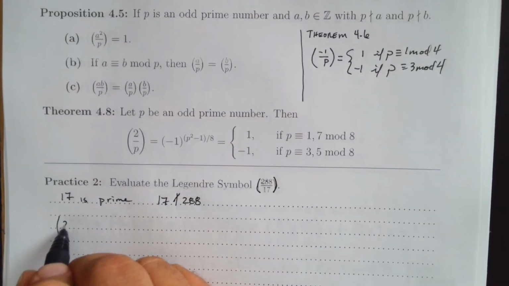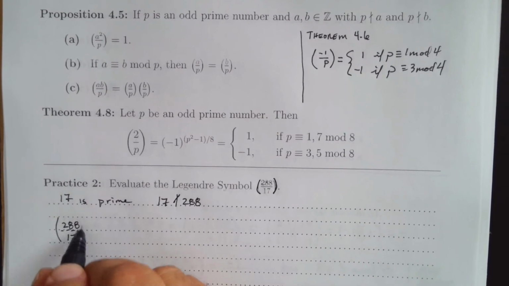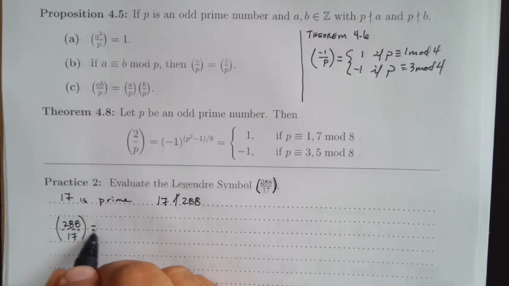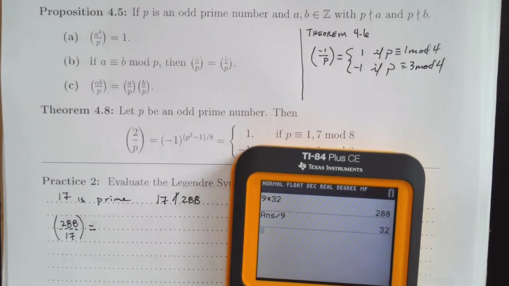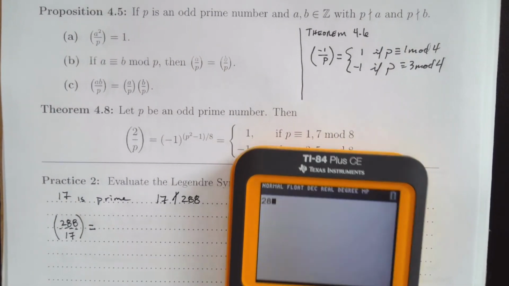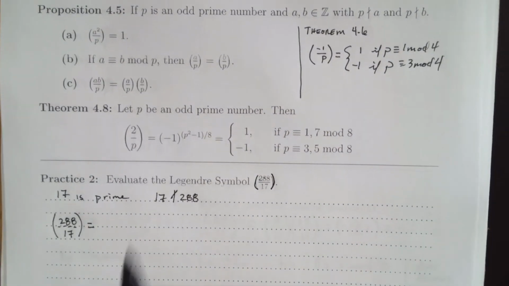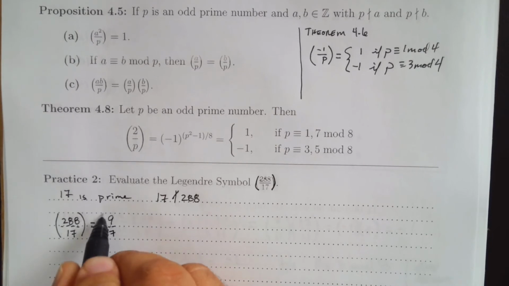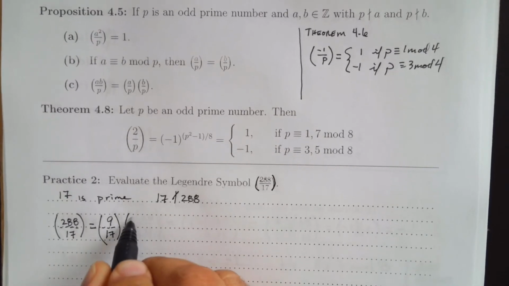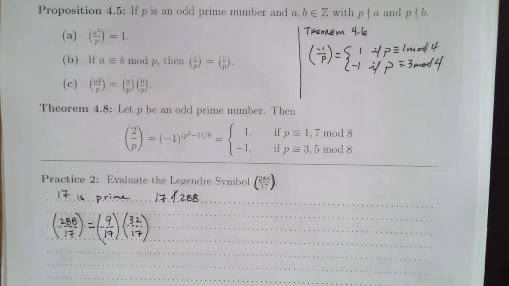All right, so here's what we can say. The Legendre symbol of 288 modulo 17 will equal, well, let's just come over here, use our calculator, 288 divided by 9, that is 32. So this is going to be equal to the Legendre symbol of 9 modulo 17 times the Legendre symbol of 32 modulo 17.